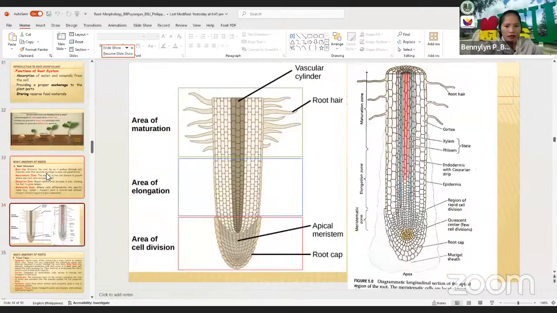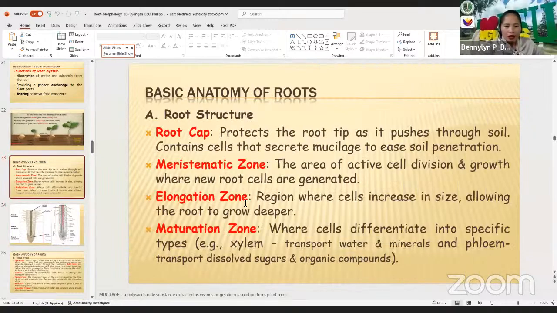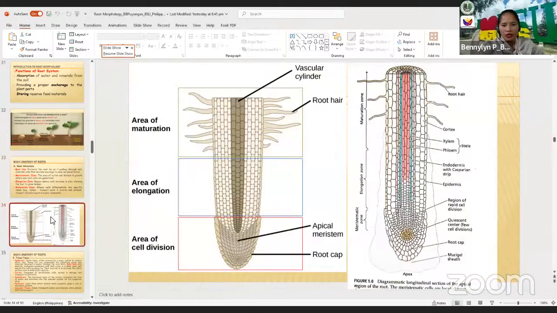So the apical meristem. The elongation zone is a region where cells increase in size, allowing the root to grow deeper. And the maturation zone is where cells differentiate into specific types like the xylem, which is responsible for the transport of water and minerals, and the phloem, which is responsible for transporting dissolved sugars and organic compounds. So that is the root structure.